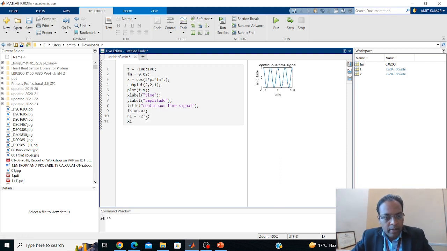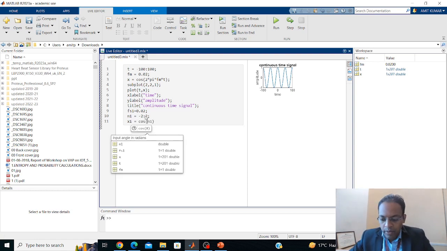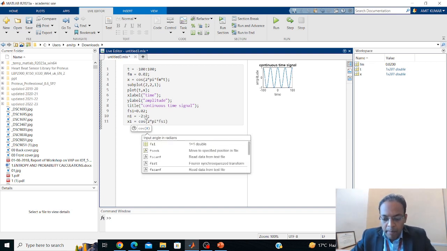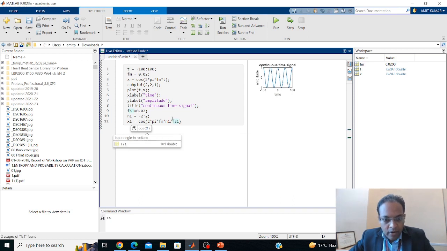And then x1 we will decide. So x1 will be equal to cos of 2 multiplied by pi multiplied by fm into t. So t is nothing but n1 upon fs1, so n1 divided by fs1.